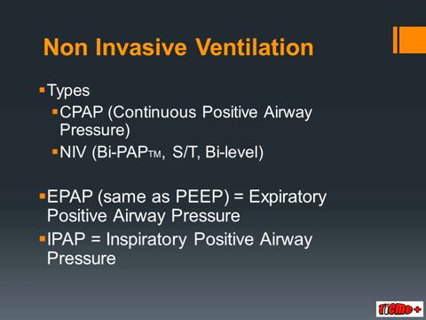So EPAP is expiratory positive airway pressure and is essentially the same as PEEP. IPAP is the inspiratory positive airway pressure, and this is the inspiratory pressure support that the machine delivers to help with the patient's inspiration.